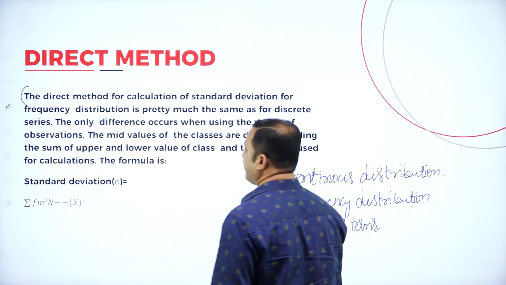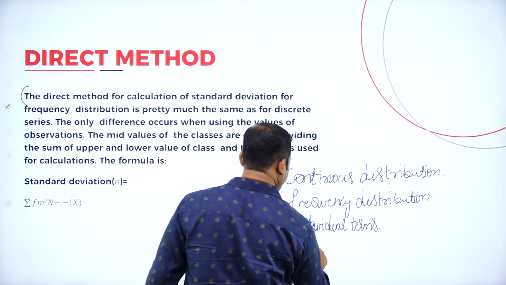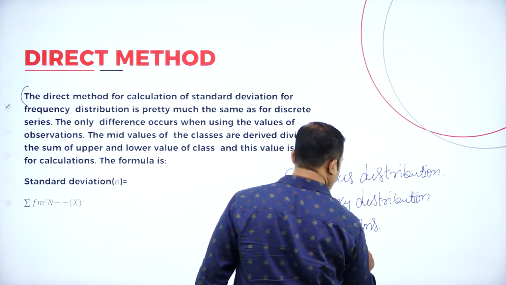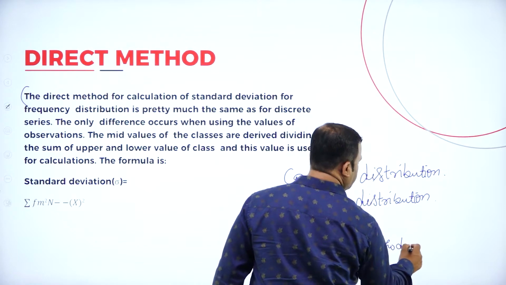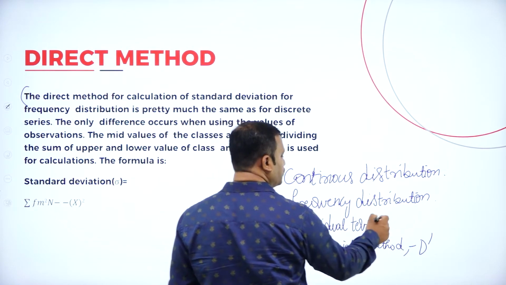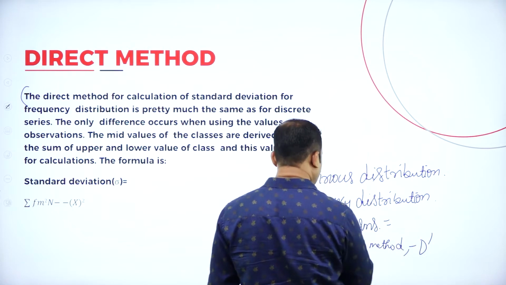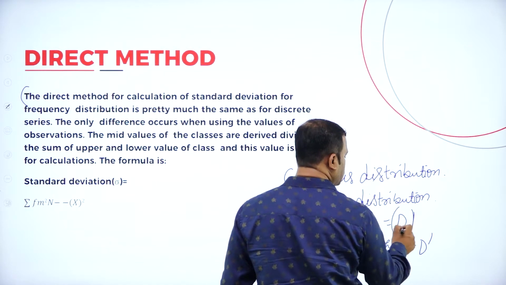Then we have the step deviation method as well. The step deviation method is indicated by d dash, and the individual terms are represented by d, only d.